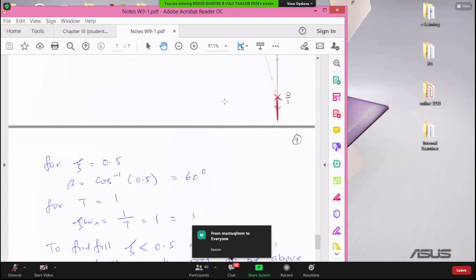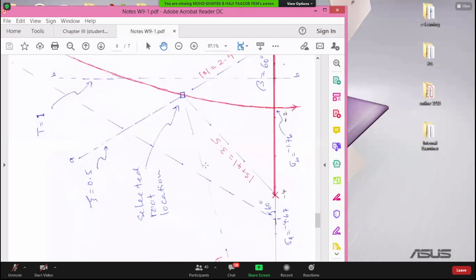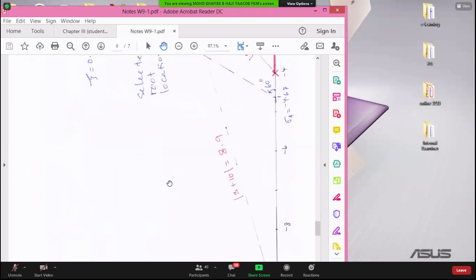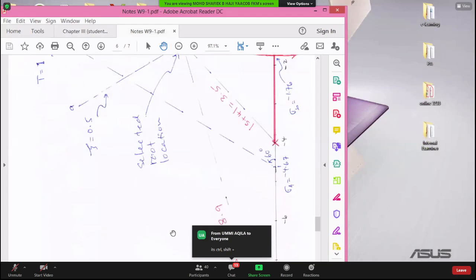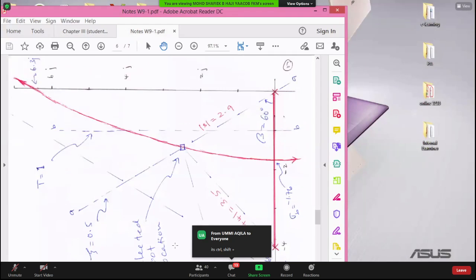Well, what is going on? I tell you what. Control Shift plus.